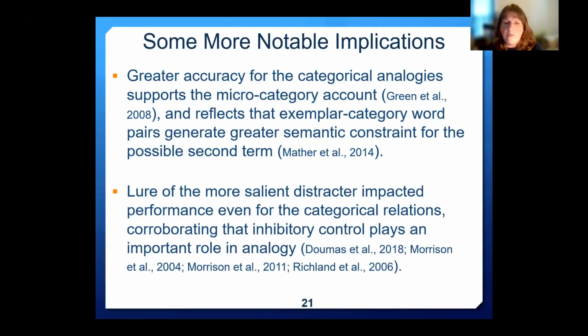And then the lure of the more salient distractor impacted performance even for the categorical relations, which corroborates the individual differences that others have found, showing that inhibitory control plays a really important role in analogy.